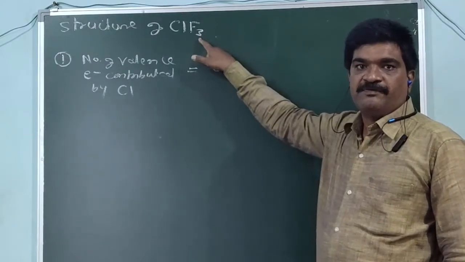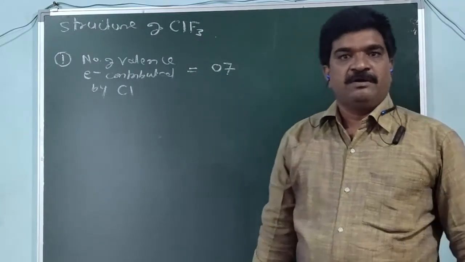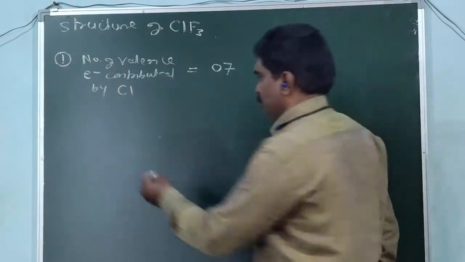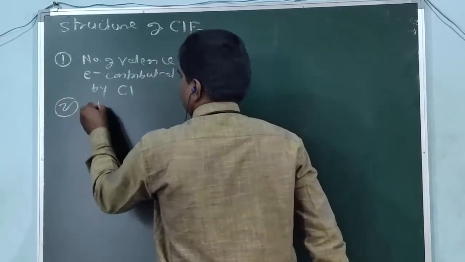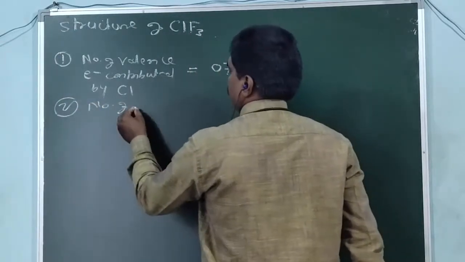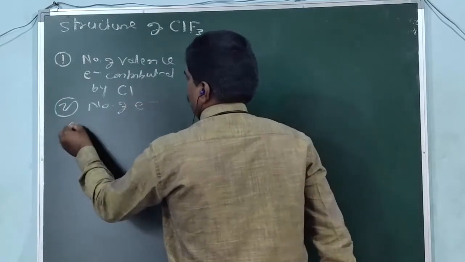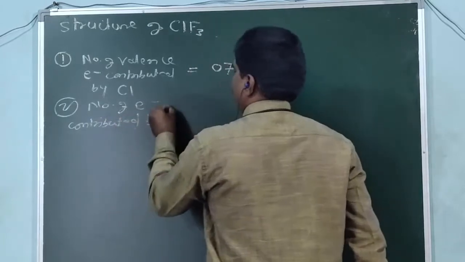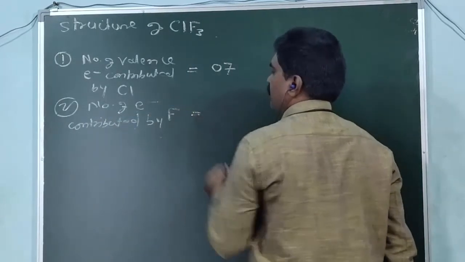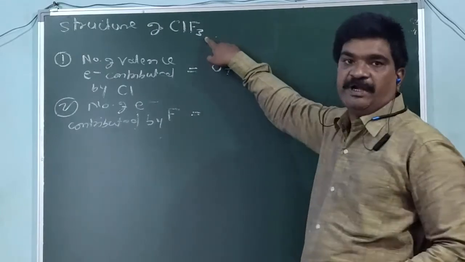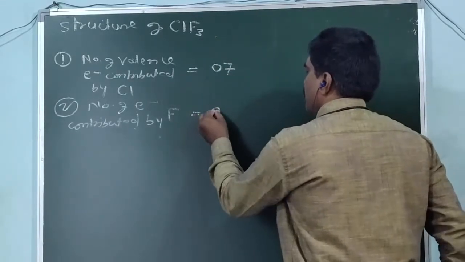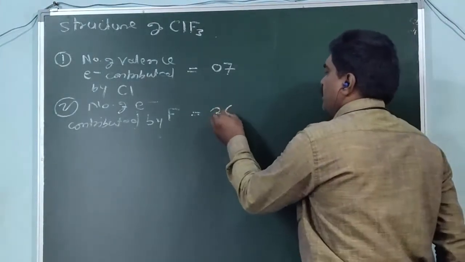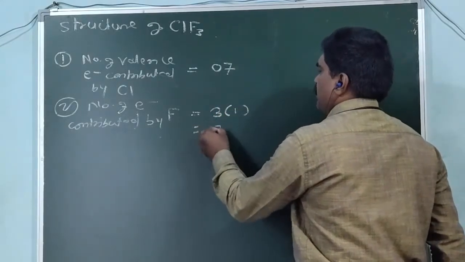Therefore, the total number of electrons contributed by fluorine atoms for the bonding will be, now there are 3 fluorine atoms, so 3, and each fluorine atom will contribute 1 electron for the bonding, and therefore we write 3 into 1, that's equal to 3.